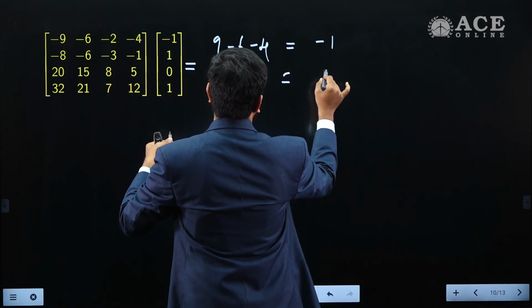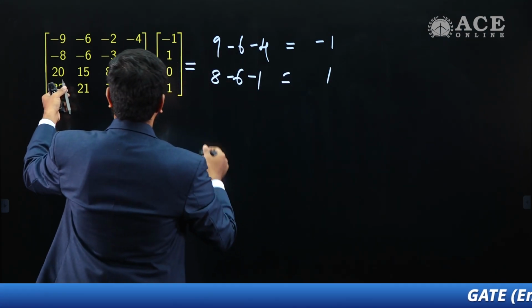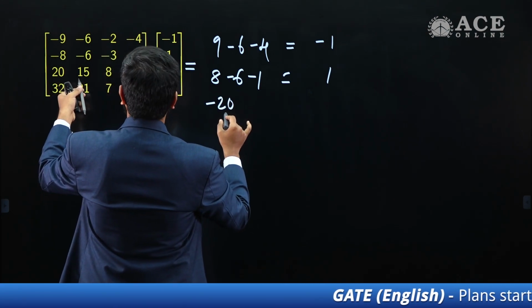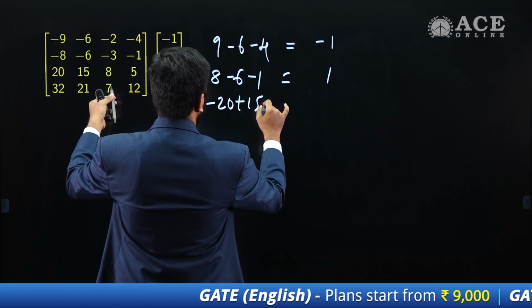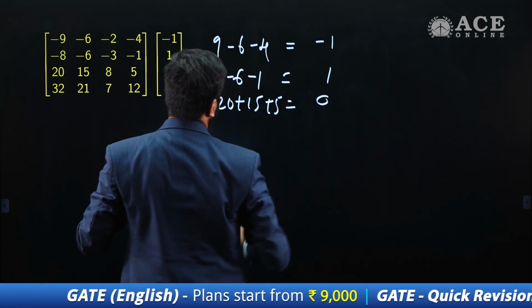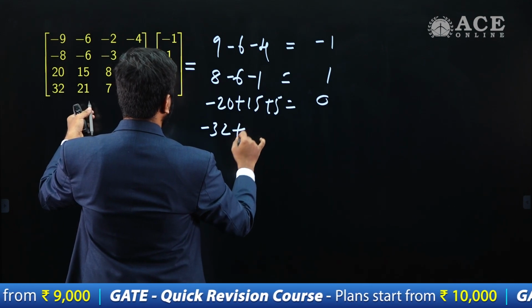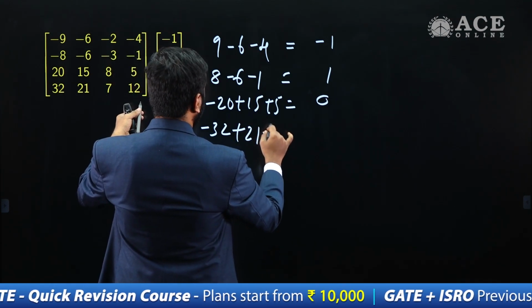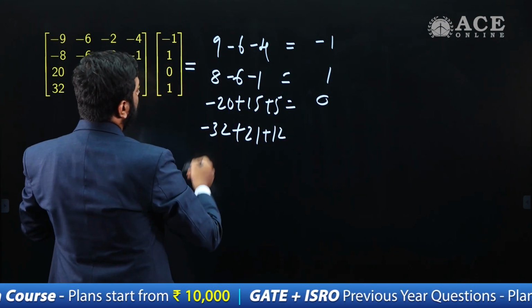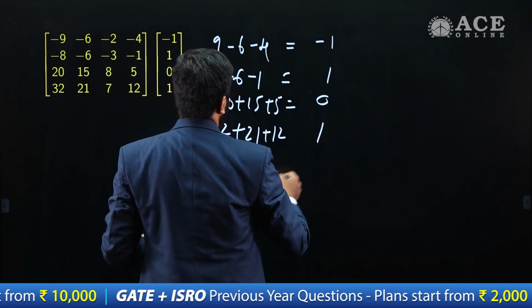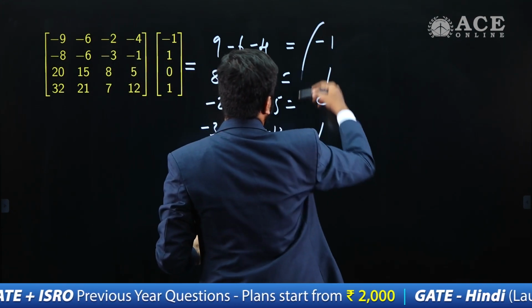How much is this? 8 minus 7 is 1. And then minus 20, and then plus 15 plus 5, it's 0. And then minus 32, plus 21, and then plus 12. So this is 33 and this is minus 32, it's 1. So when I multiply this with this, I'm getting this.